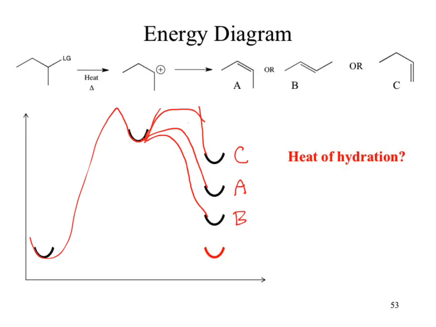We've got a new one popping up, heat of hydration. What is heat of hydration? The heat necessary to add hydrogen to saturate the structure, because currently all of these are unsaturated because of the double bond.